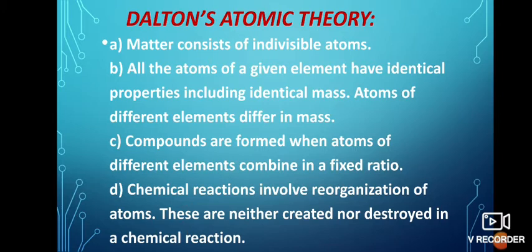It means atoms of different elements differ in mass. Third, compounds are formed when atoms of different elements combine in a fixed ratio. And fourth, chemical reactions involve reorganization of atoms. These are neither created nor destroyed in a chemical reaction.